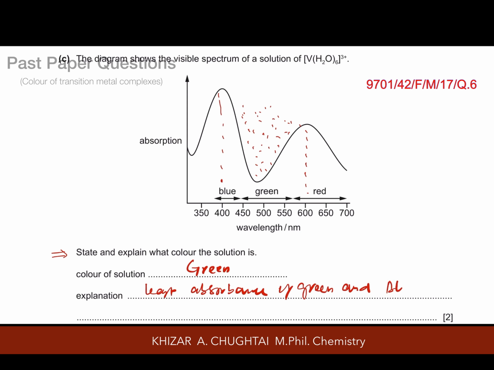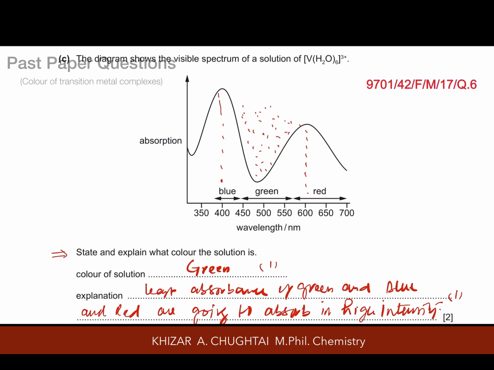Blue and red colors are going to be absorbed in high intensity. So here is the answer of this question. One mark for this color, one mark for this explanation.